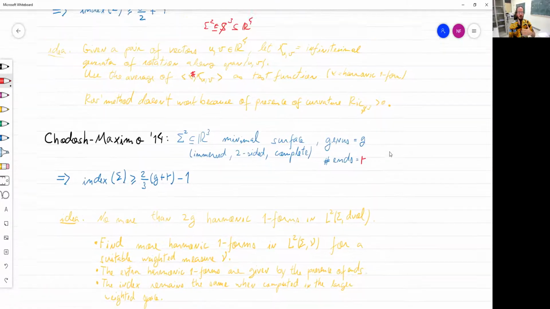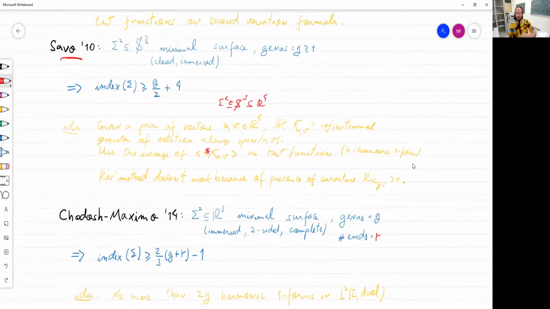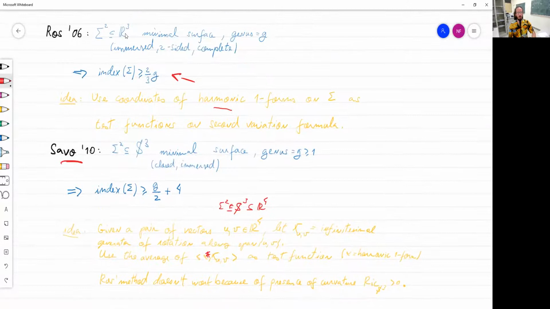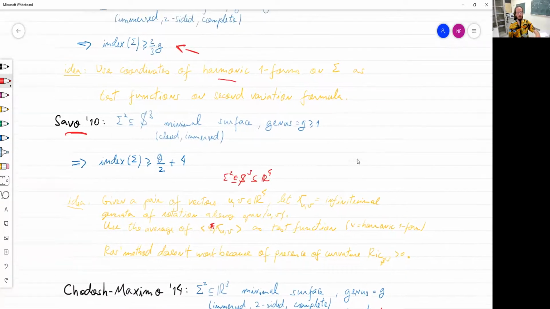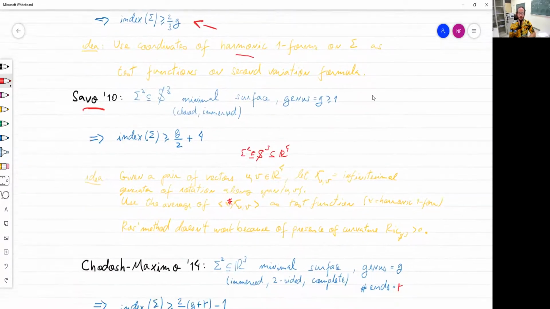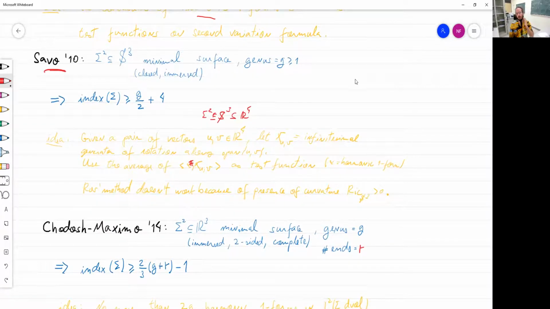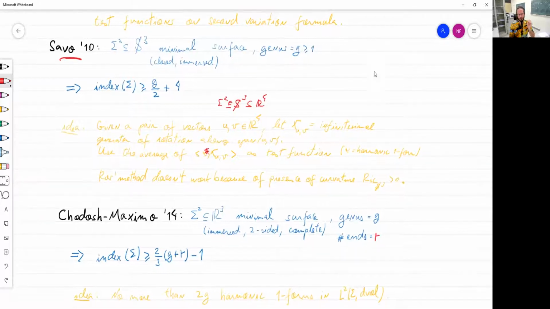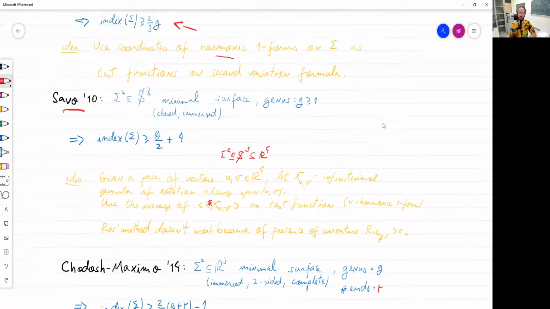So the main result here is just a combination of these 3 results, or rather the last 2 results, but inspired by Ross's method. That's sort of an original method, and changing appropriately to the self-shrinking setting, right? So this is the main motivation, these 3 results.